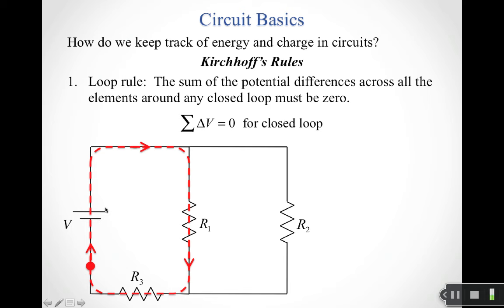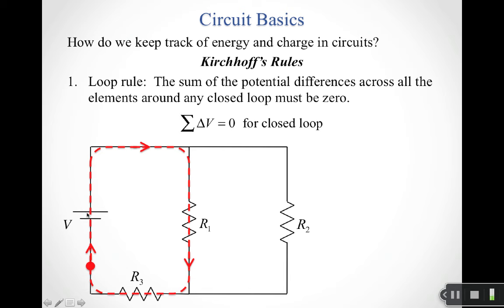So what Kirchhoff's loop rule tells us is, when we go from the negative to the positive terminal of the battery, we're going to have a potential increase. Think in terms of what we know about negative and positive charges.